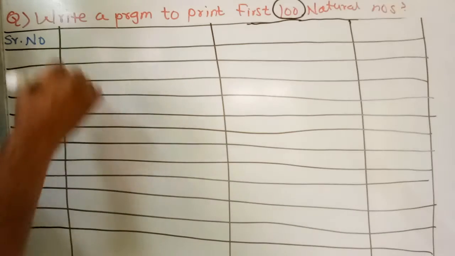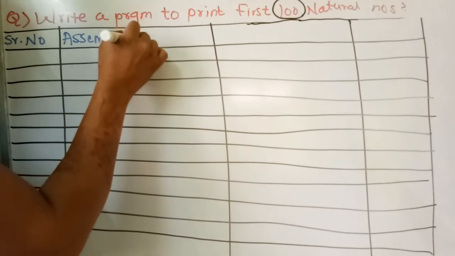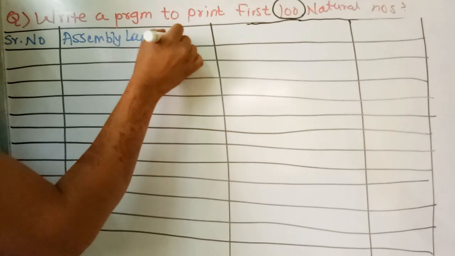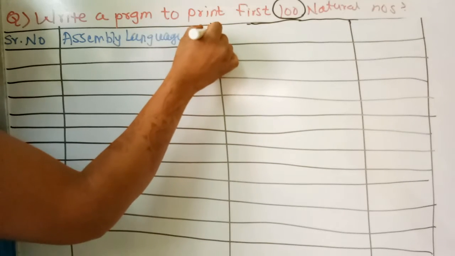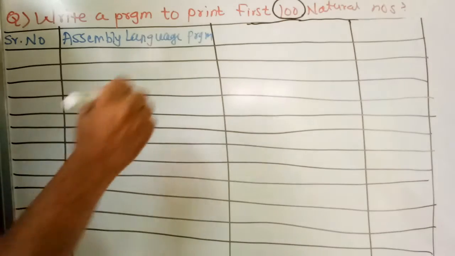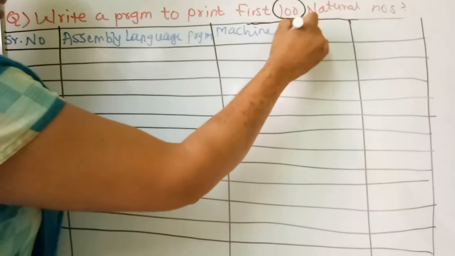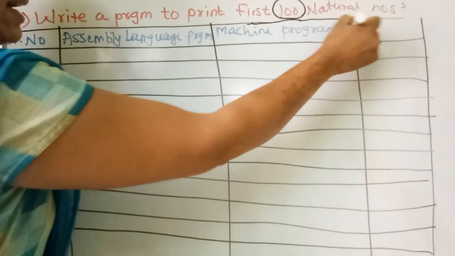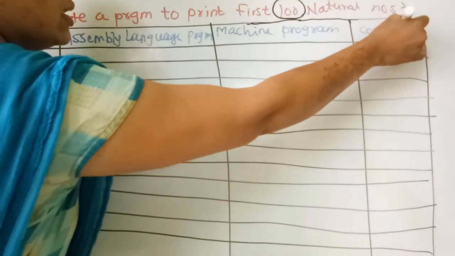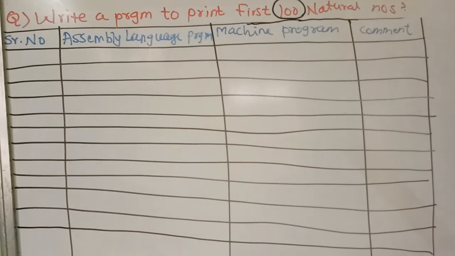Then we will write the assembly language program. Then, as we have seen in the SMACO programming, we will write the same here again like the machine program, and we can give comments or an explanation of our programming.